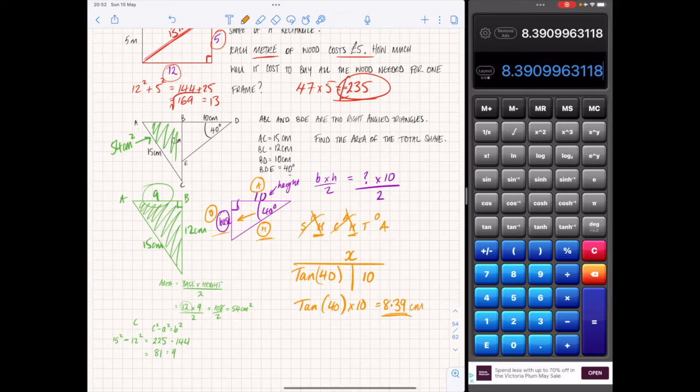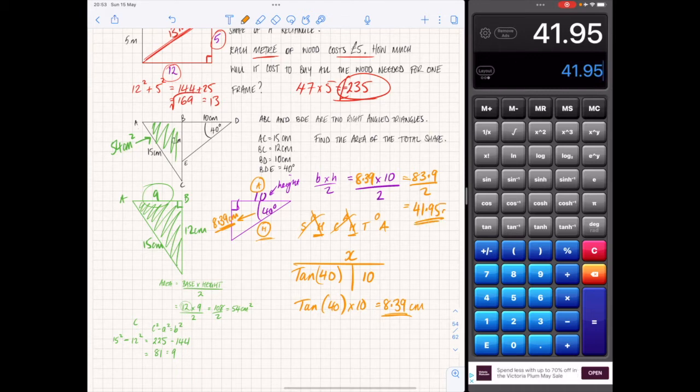So I'm saying that the base here is 8.39 centimeters. And then I can go back to using my base times height. So this will become 8.39 because that's my base, times by 10, which will give me 83.9, and divide that by 2. So 83.9 divided by 2 gives me 41.95.